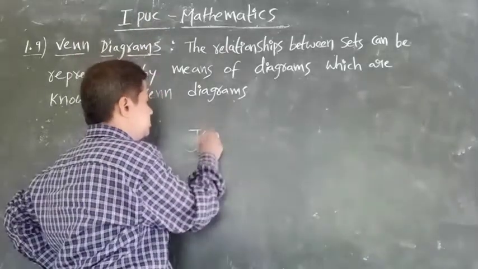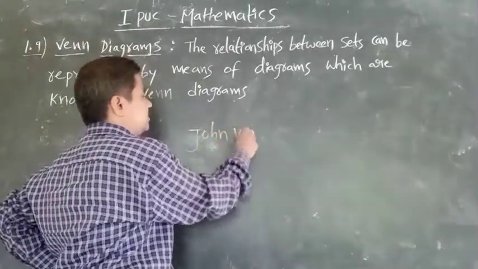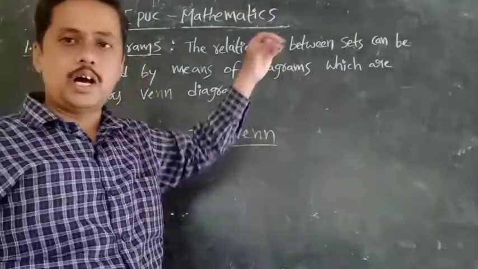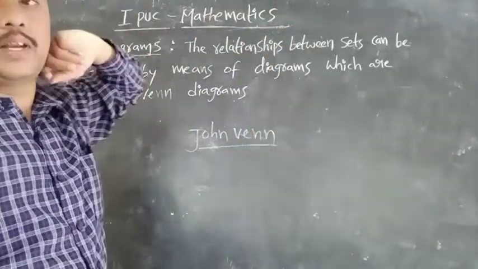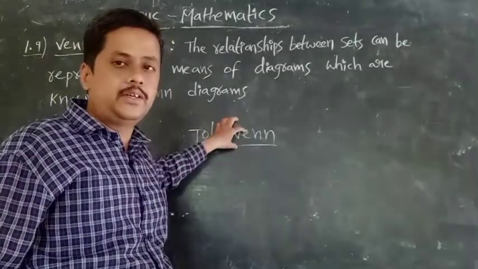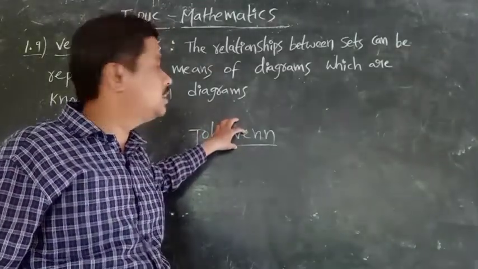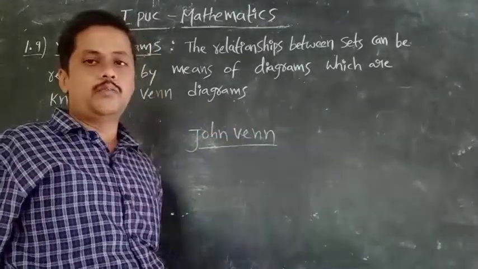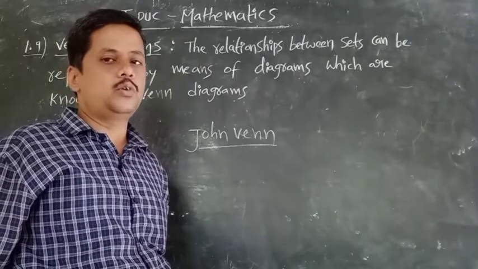He named them Venn diagrams. His name is John Venn, a British, English logician, who introduced this.